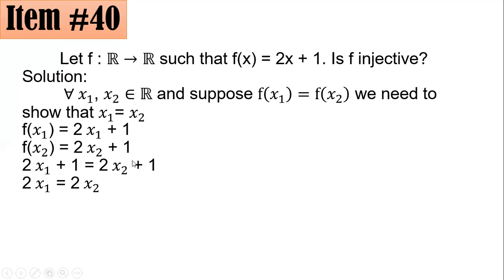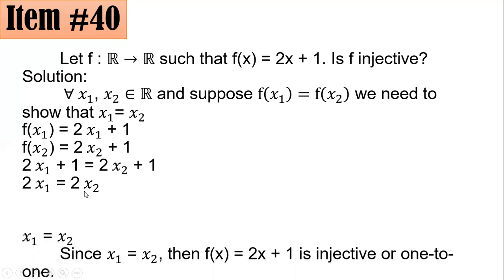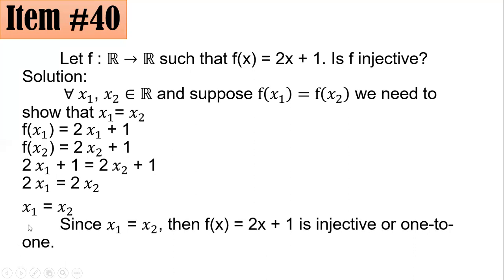Subtracting both sides by 1, you have 2x sub 1 equals 2x sub 2. Dividing both sides by 2, we have x sub 1 equals x sub 2. We are able to show that indeed x sub 1 is equal to x sub 2. Since x sub 1 equals x sub 2, then f of x equals 2x plus 1 defined in this mapping is an injective or one-to-one function. Letter A. I hope you got it correctly.